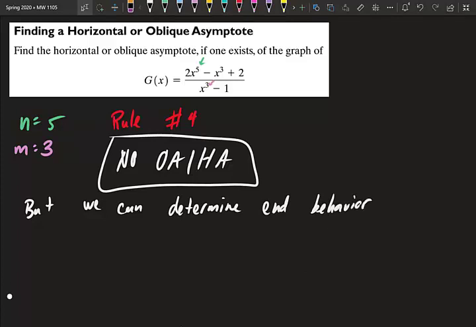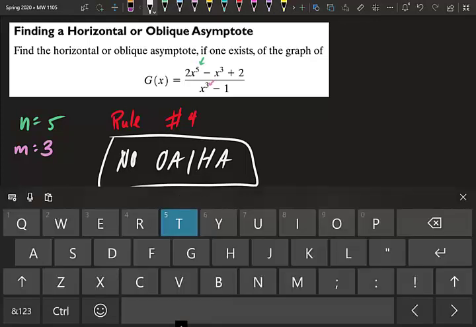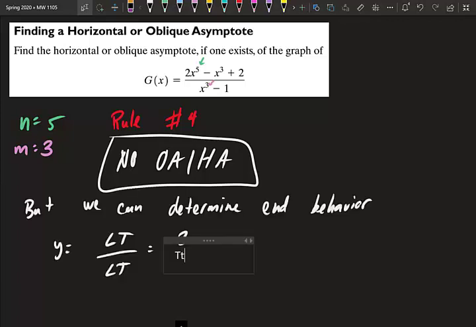So we can determine end behavior, and end behavior is leading term over leading term. So that's 2x to the 5th over x cubed, we can simplify. And we're left with 2x squared.